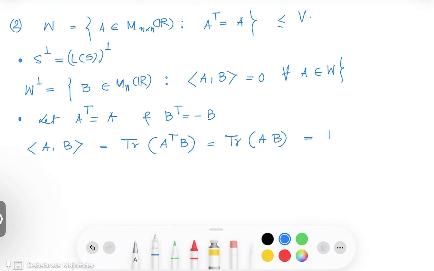And you know trace of AB equals trace of BA. We already know it now. So can I write B equals minus B transpose? Can I write it? Now, can I write this thing again?